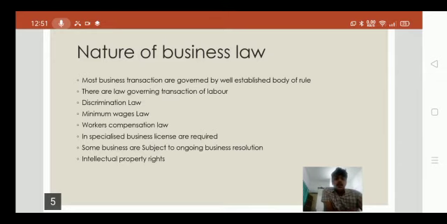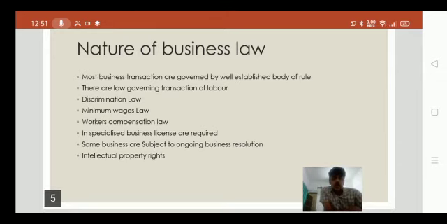There are laws governing the transaction of labor, and these are all business law.